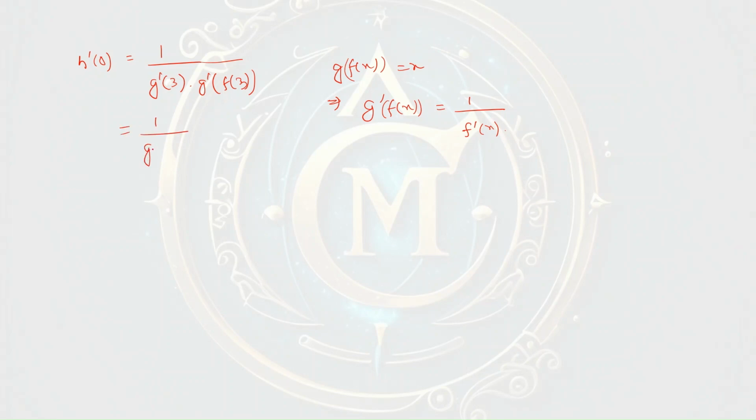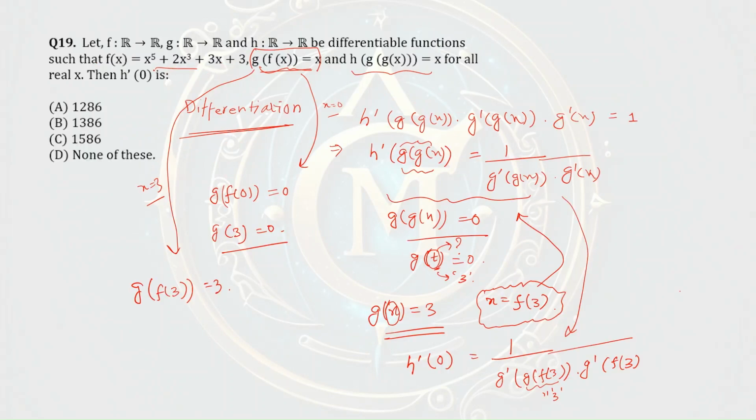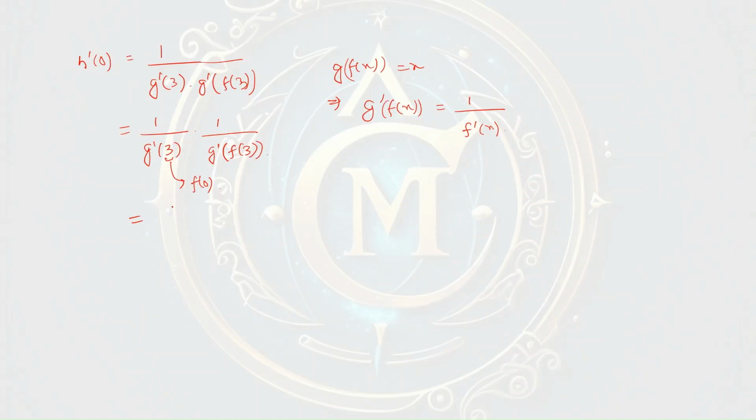So this can be written as 1 by g dash 3 times 1 by g dash of f of 3. Now observe a thing, that 3 can be written as f of 0. Here, using the definition of f, we can say that f of 0 is 3. So this expression becomes 1 over g dash of f of 0 into 1 over g dash of f of 3.